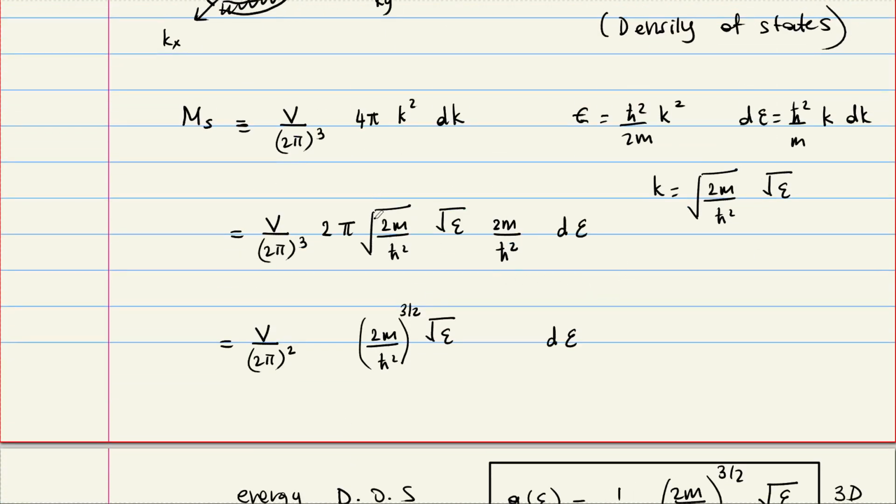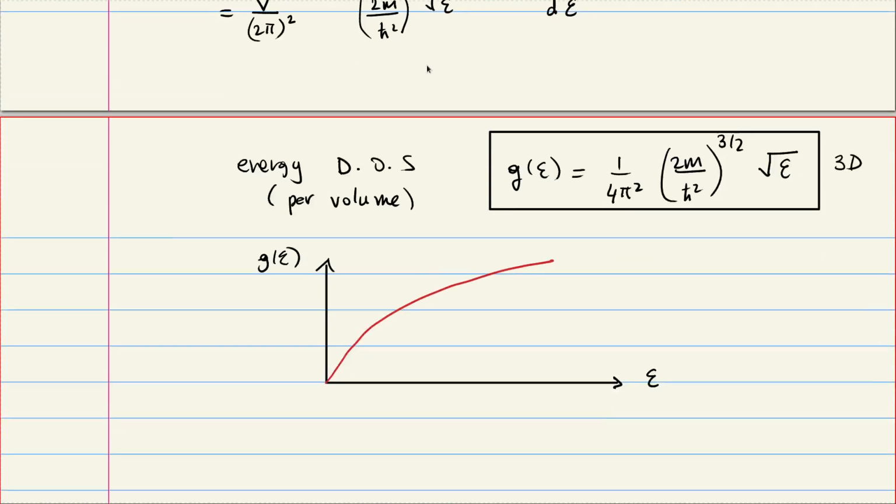Because I have k dk, whenever I see k dk, I write d epsilon times m over h bar squared. What remains is k, and it brings root epsilon. I always get this wrong, so I try to be careful.